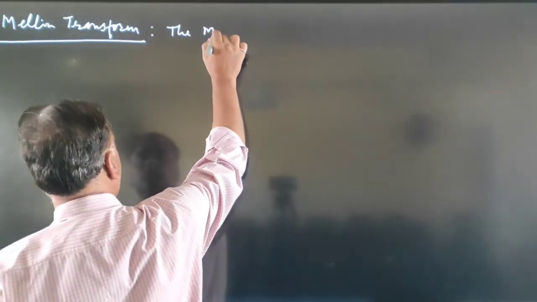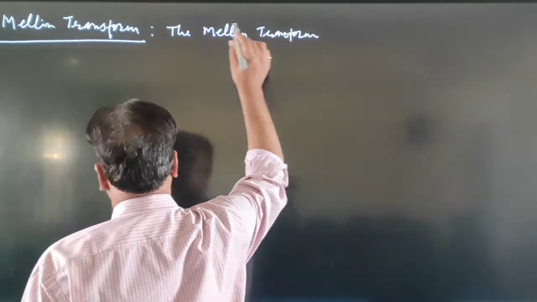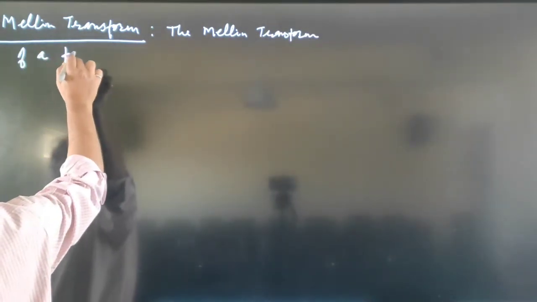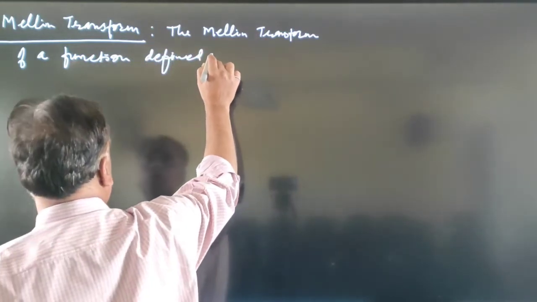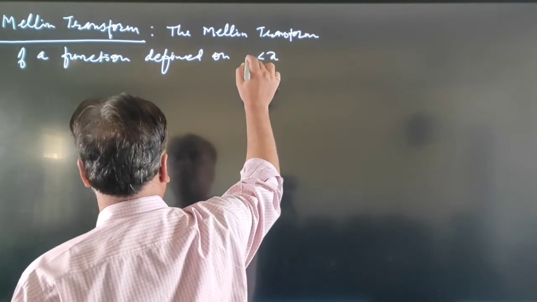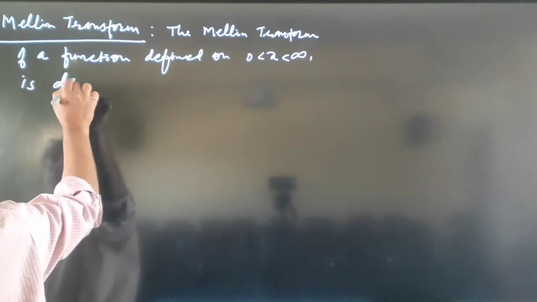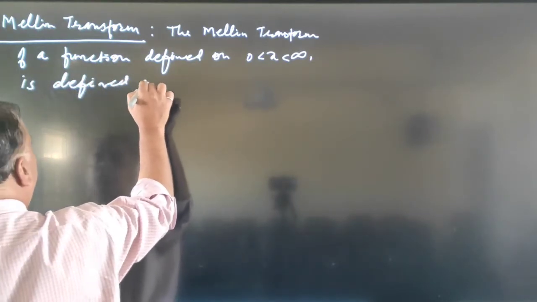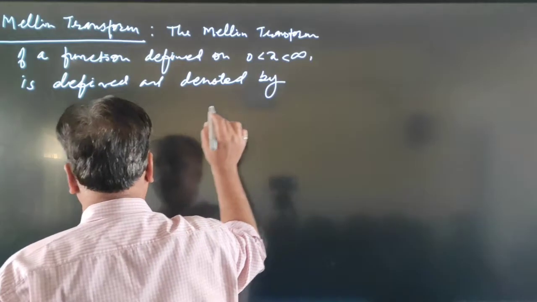What is the Mellin transform? Now first we define the Mellin transform. The Mellin transform of a function f(x) defined on x lying between 0 to infinity is defined and denoted by F(p).